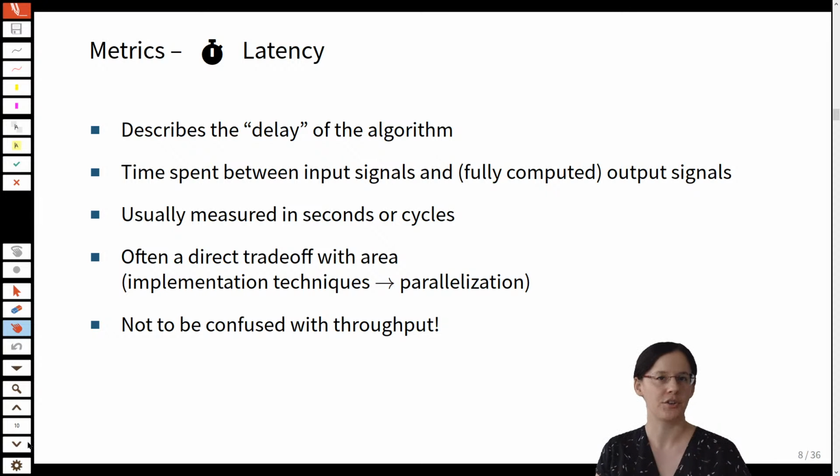So this is measured in some time units such as cycles or seconds. And there is very often a trade-off that you can make here. So typically, if you think of, for example, an AES round, you have these S boxes in there, and you have to execute these 16 S boxes.